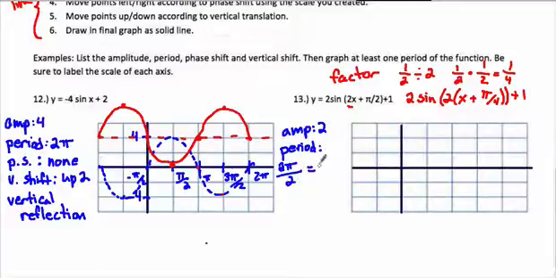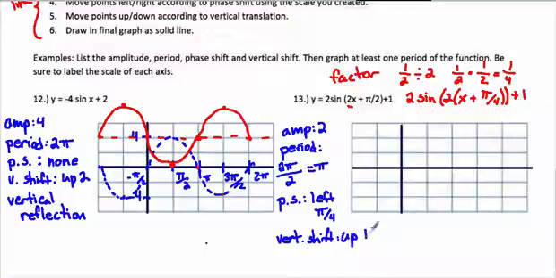My period is pi. Then I have a phase shift here, and I am going left pi over 4. And lastly, I have a vertical shift, and I'm going up 1.